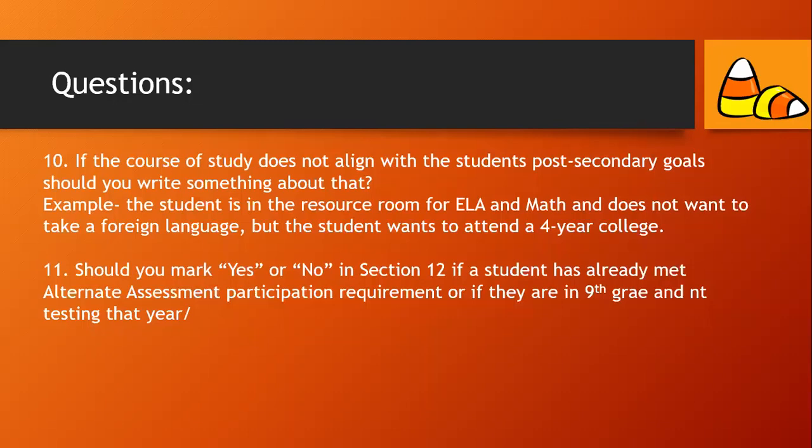Taking a foreign language, I know most of your 4-year colleges require foreign language, but looking at maybe an associate's program, like Stark State, which is aligned with Akron U and a couple of the other four-year colleges, they may not ask for foreign language.